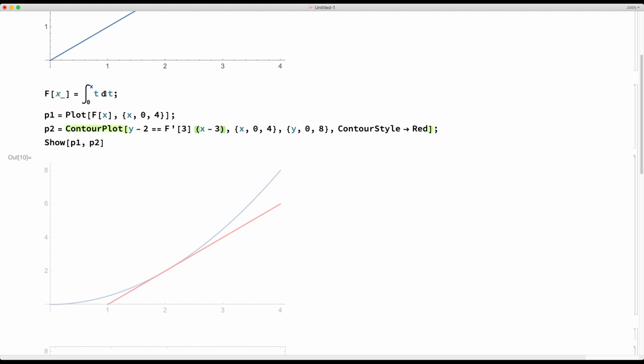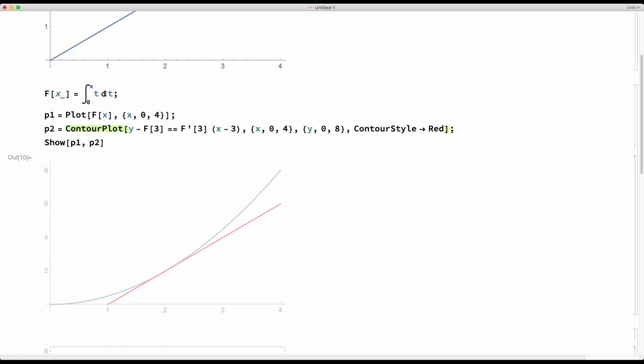Let's be smart about this and put here f of 3. Last time with the geometry, we figured out that f of 3 was 4.5, right? But let's say we had forgotten that fact, so I'll just tell it to do the computation with that command.